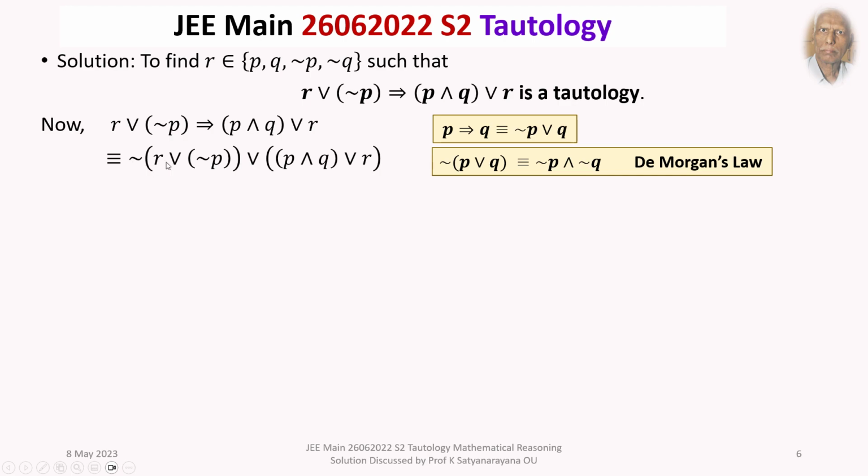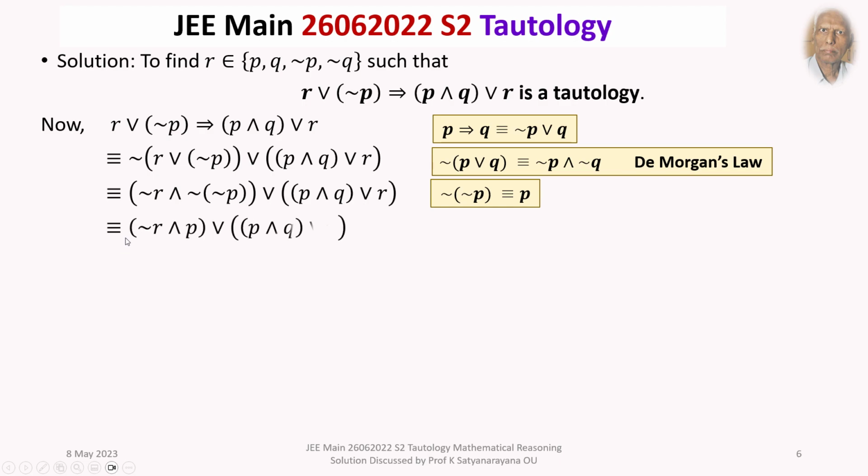So now it becomes negation of R and negation of P or the second statement. Now we use that negation of negation of P is equivalent to P. So that will be logically equivalent to negation of R and P or the second one.